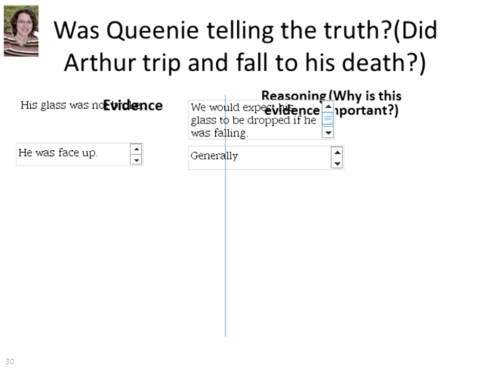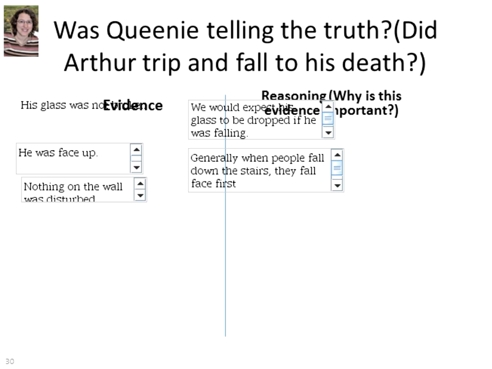And the third thing that we talked about was, I'm still getting the hang of this text box tool as well, that nothing on the wall was disturbed, and we would expect someone who is falling generally grabs for things.